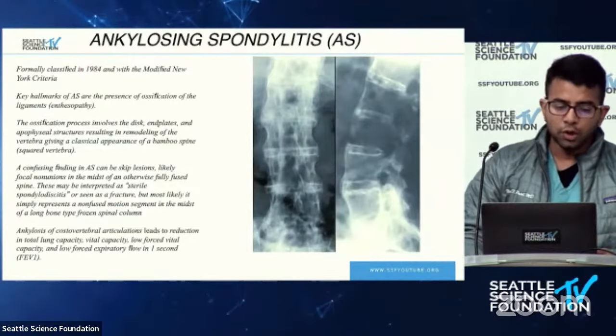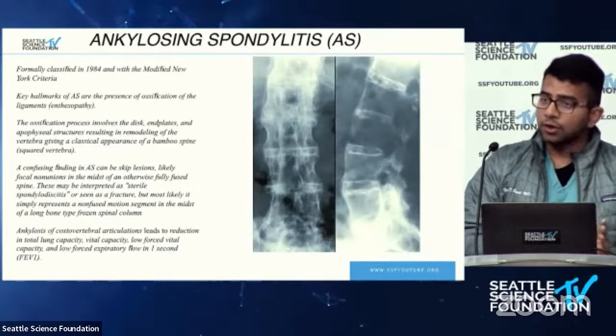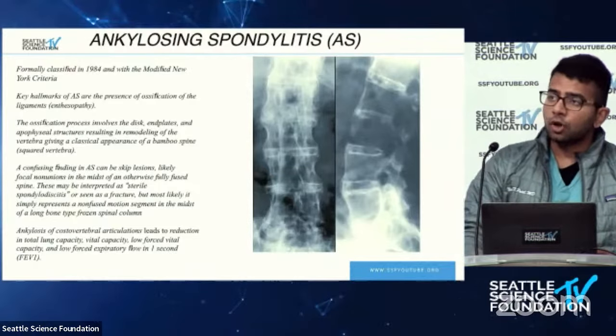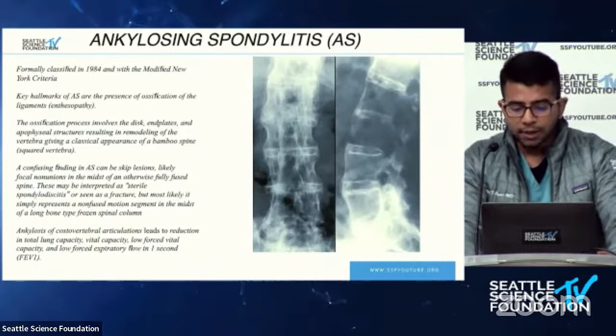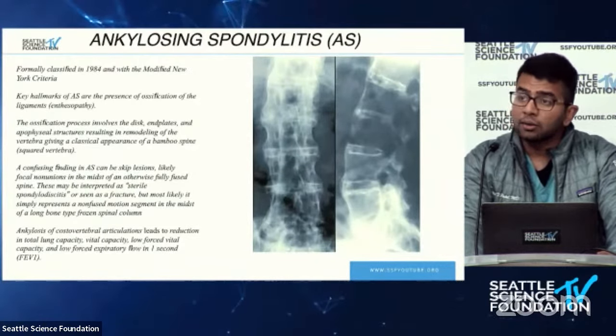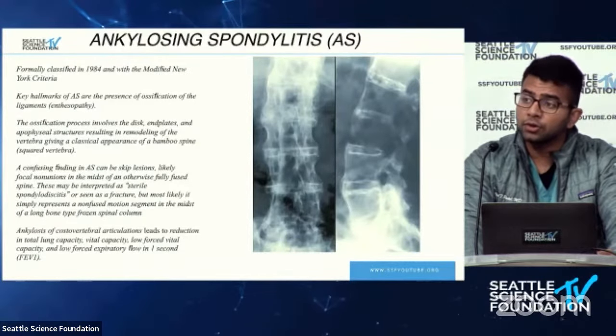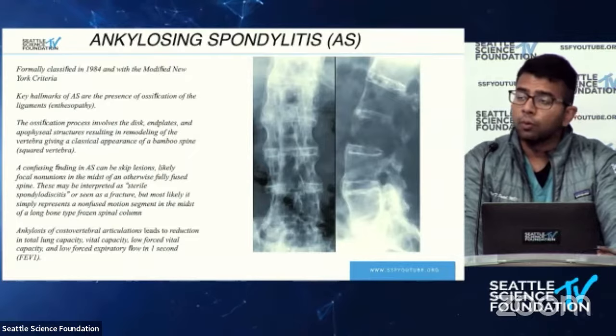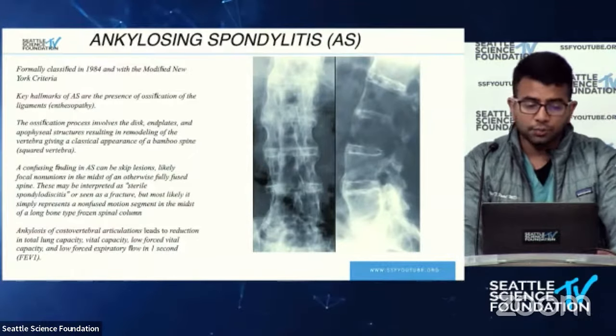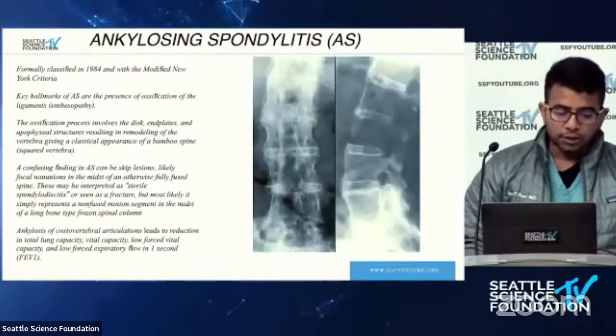That isn't a fracture, that's just a motion segment, but it's hard to distinguish, and that's why, as I'll show later, more than 50% of patients sometimes don't get diagnosed with fractures, because this doesn't get picked up. So something to think of.